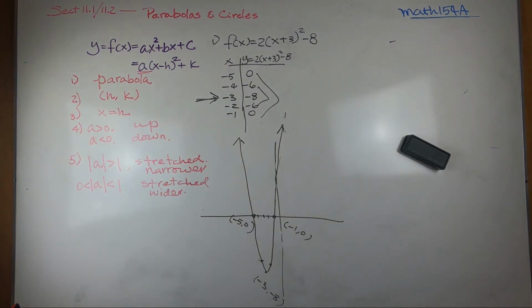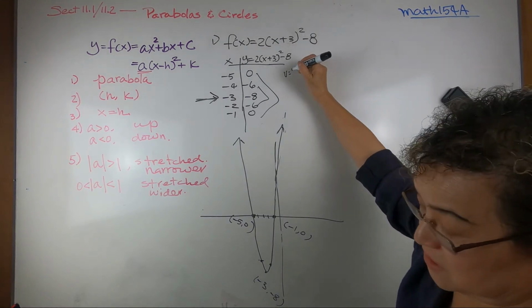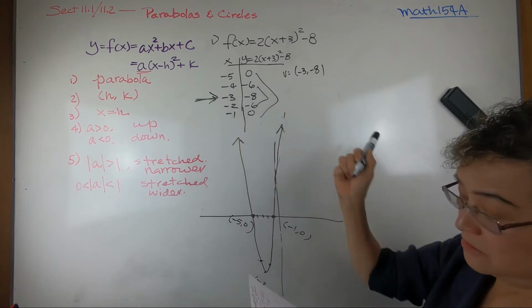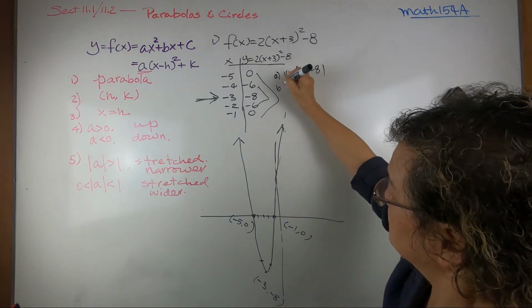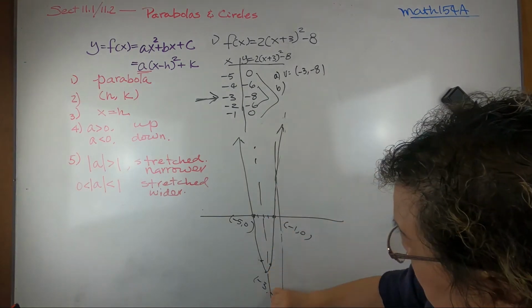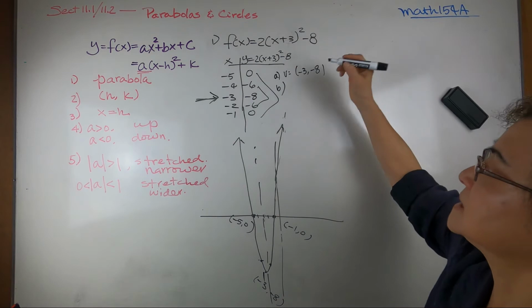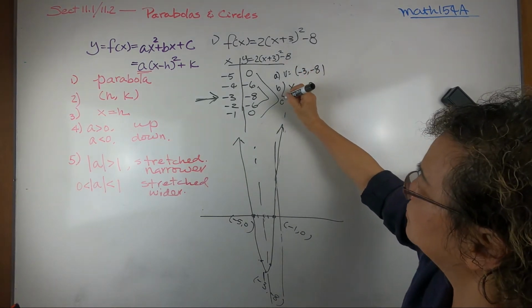would be what? They will ask you, what's your vertex? Vertex would be -3, -8, right? What's your line of symmetry? That would be this line, going through this point, going through the vertex. It's an equation, so you better write an equal sign somewhere, right?